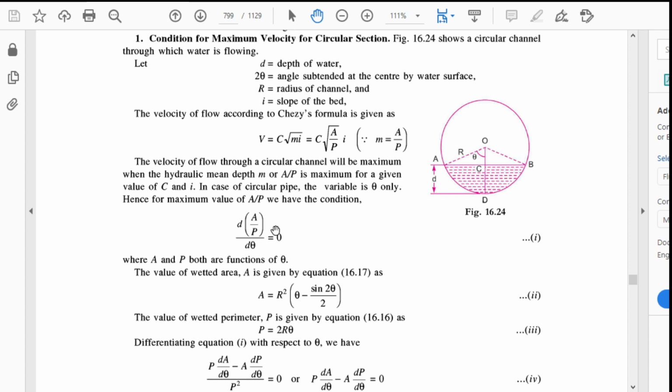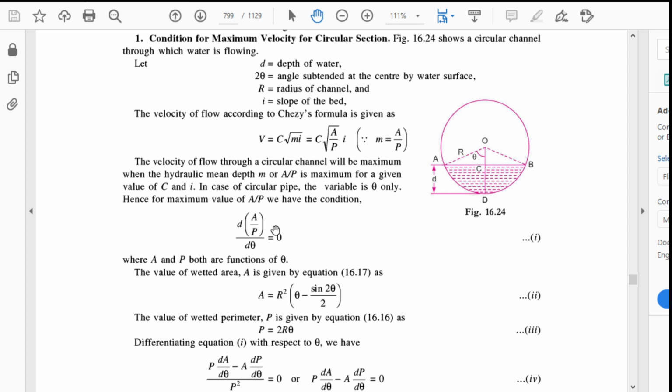And you can also imagine that when water is flowing through a circular pipe, it can swing in any direction. As it swings, the angle which is subtended by that water surface will be changing.